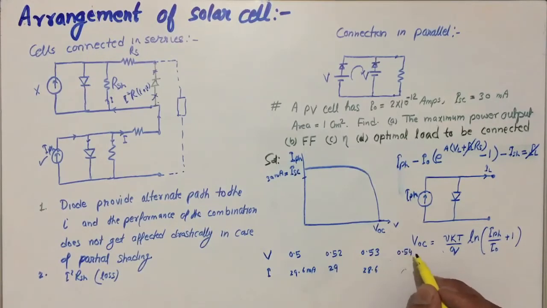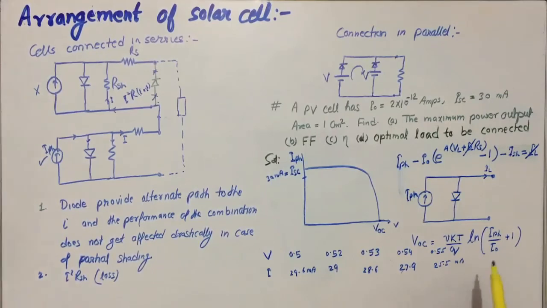At 5.4 you can get 27.9, and at 0.55 you will get the value 25.5 milliampere.